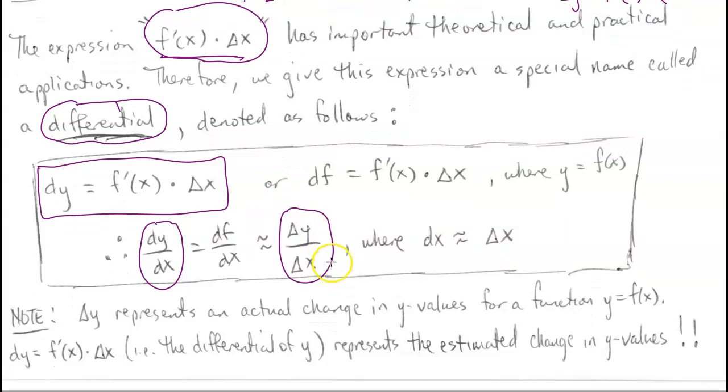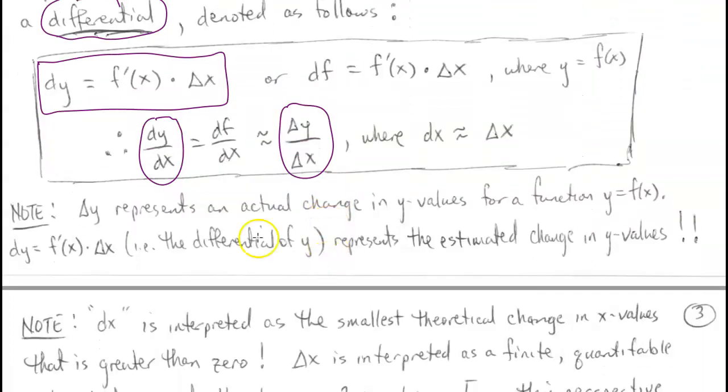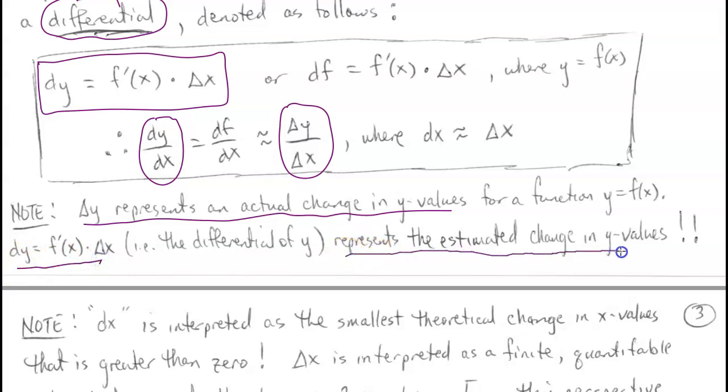Now, delta y represents the actual change in y values. This differential represents the estimated change in the y values. The reason it is an estimate is because this value is going to be finite, meaning it's going to be significantly larger than 0.